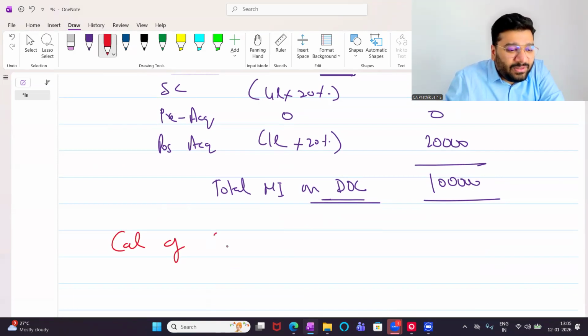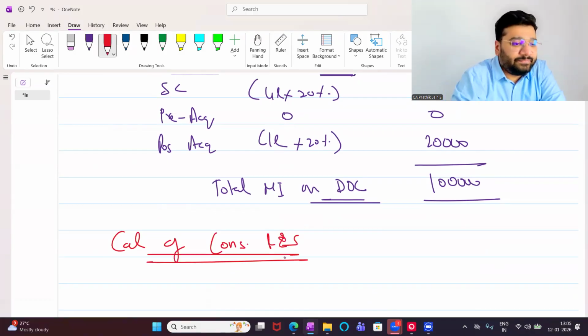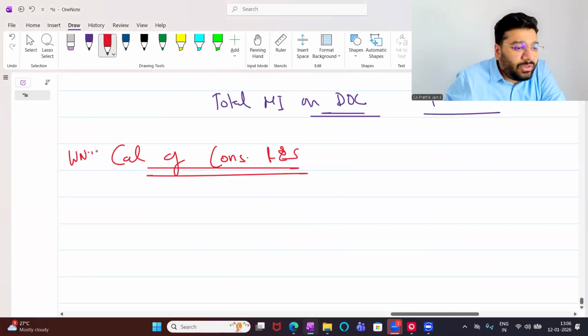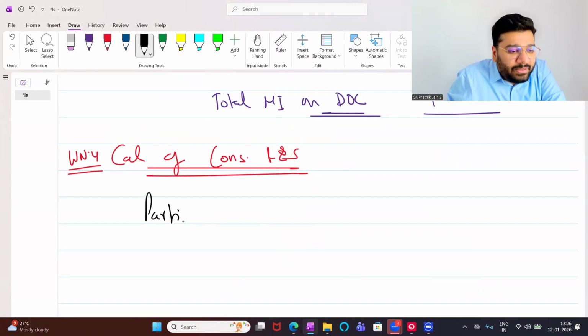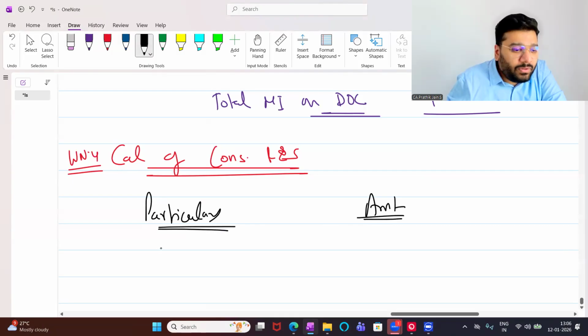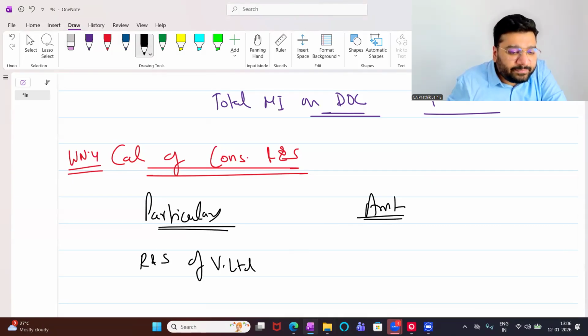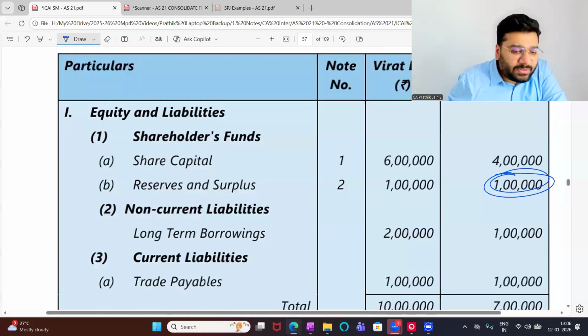Calculation of consolidated reserve and surplus. Working note number 4. Particulars, amount. Reserve and surplus of Virat Limited, how much is it? 1 lakh rupees.